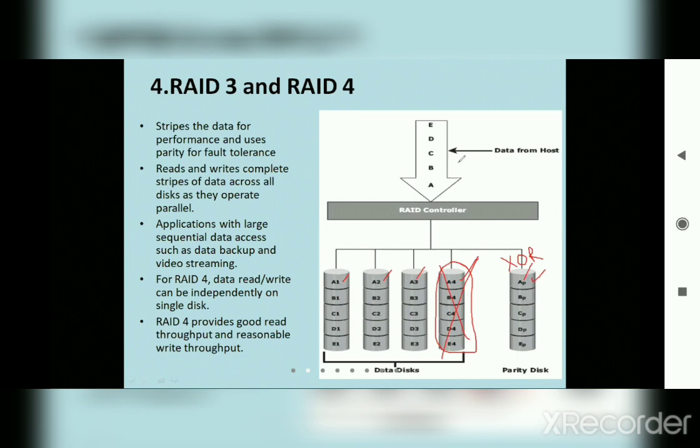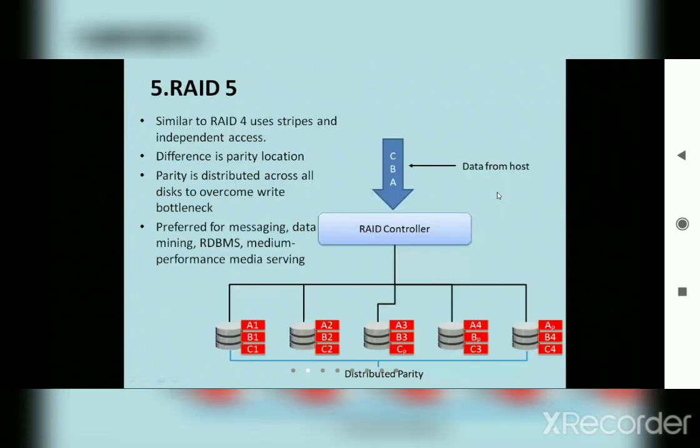Moving on to the next one, RAID 5. What does this RAID 5 use? Which implementation technique is it going to use? It is again going to use the RAID 4 technique, the RAID 4 level, which is built upon that one. Now, when I say RAID 4, what is involved in RAID 4?